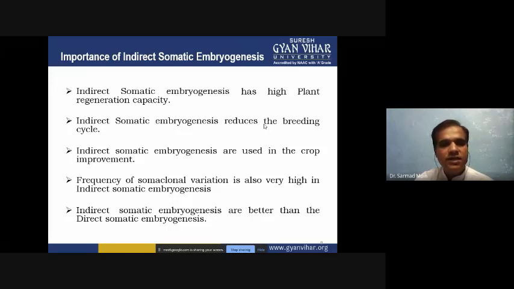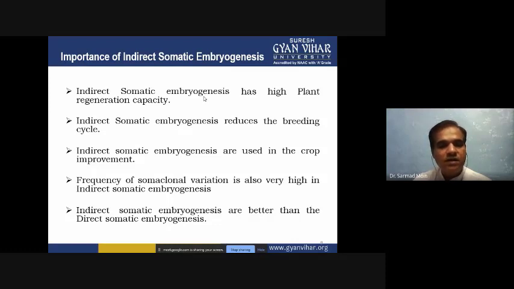Indirect somatic embryogenesis is also used in crop improvement, and we can produce improved varieties through somatic embryogenesis. The frequency of somaclonal variation is also very high in indirect somatic embryogenesis, since we are subculturing again and again, so the genetic material of these somatic clones can be induced artificially and somatic variation can be induced.